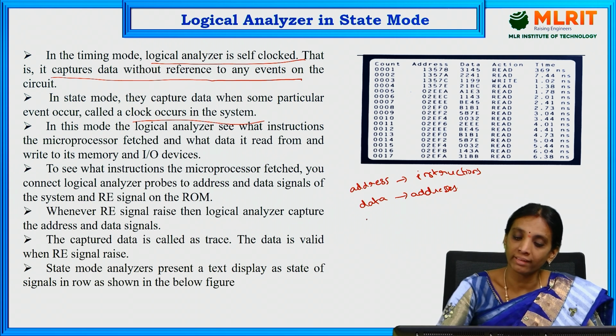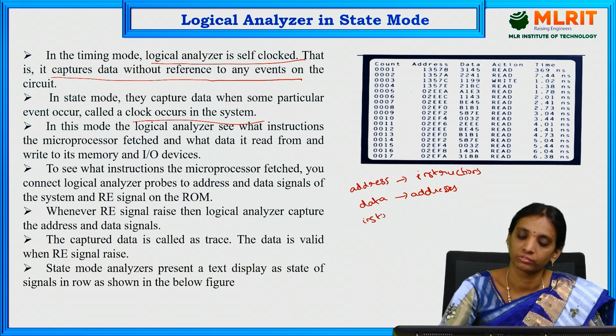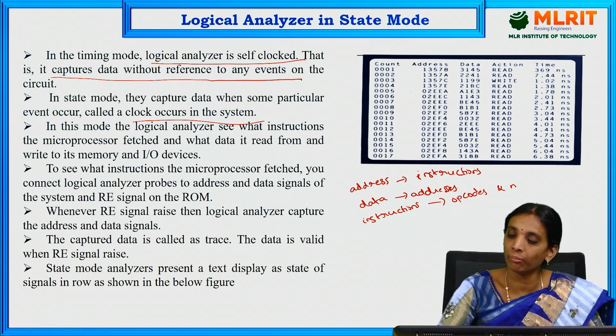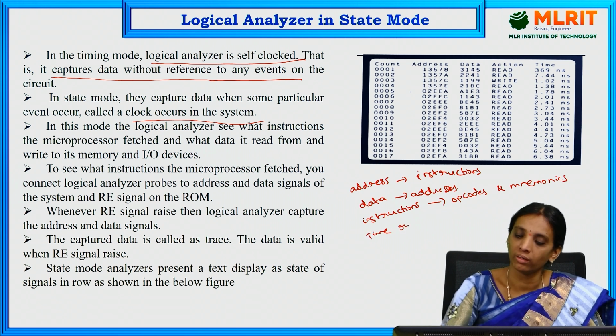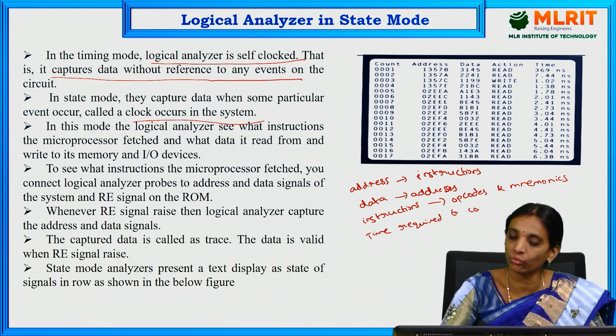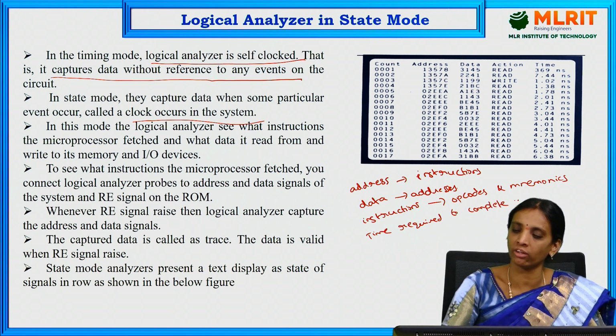We also see what instructions are currently executing in that processor. Instructions here means it will display the opcodes and the mnemonic of the instruction, and the time required to complete the execution, or the execution time.